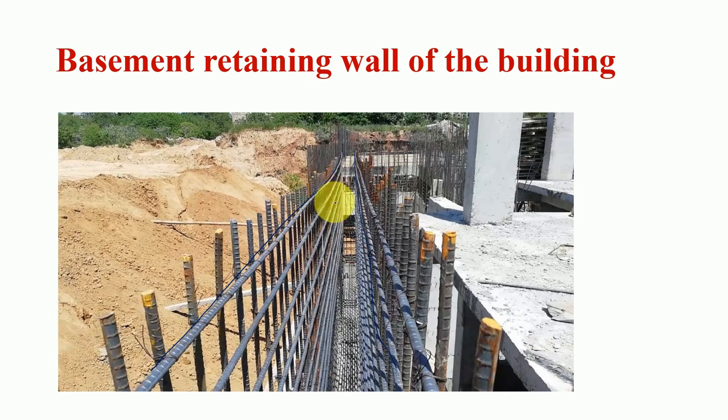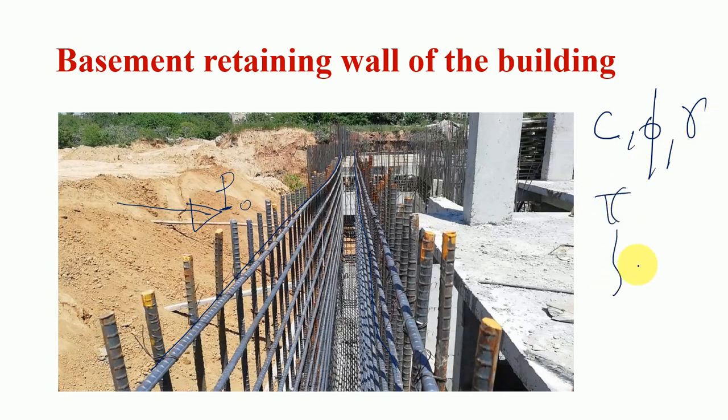This basement retaining wall gives stiffness to the building in one way, and to design this basement retaining wall, we require how much force or pressure is acting on this retaining wall. For this we require again c, phi, unit weight and depth of the water table.